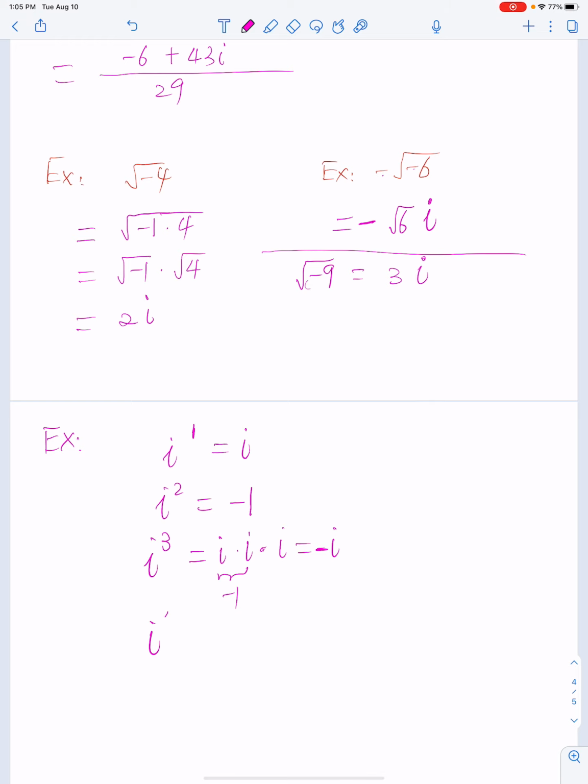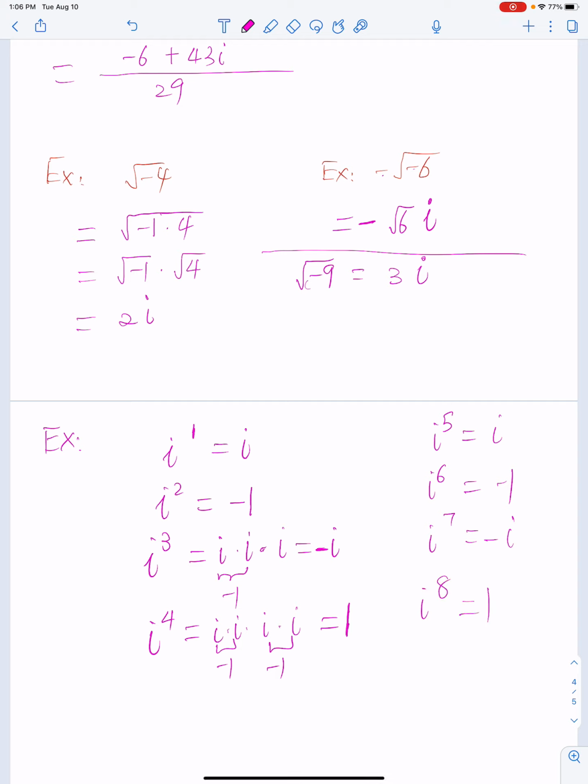So what will be i to the fourth? i times i times i times i. This is negative 1 times negative 1, so i to the fourth is 1. Once you have this, what do you think will be i to the fifth? It's i to the fourth times another i. So i to the 6 is negative 1, i to the 7 is negative i, i to the 8th is 1.